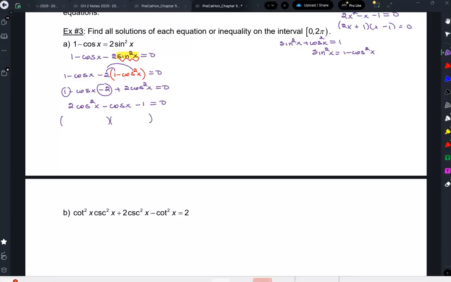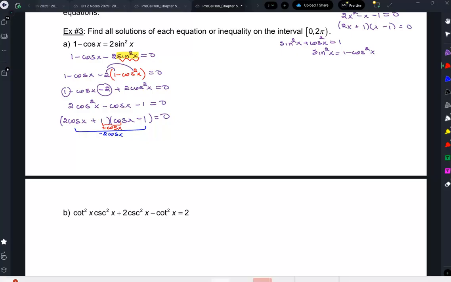So here, instead of the x, we have cosine. So we're going to do 2 cosine x, and then we're going to get a 1, either plus 1 or minus 1. This has to FOIL to the middle. If you do the outer, negative 2 cosine x, and the inner, positive cosine x, it should add to negative cosine x, which it does.